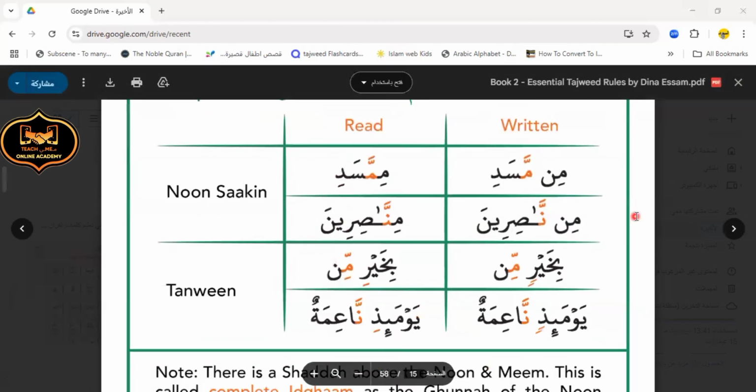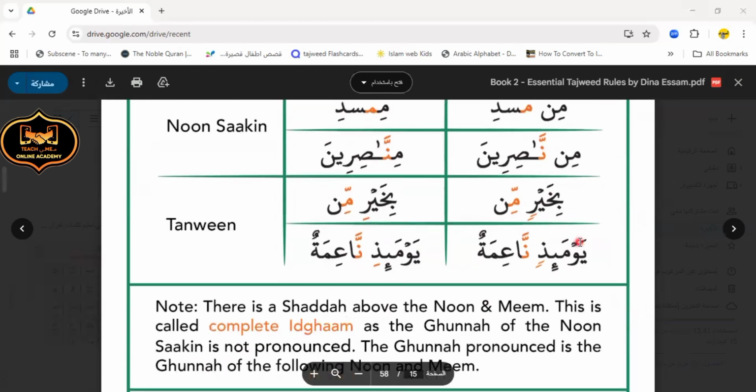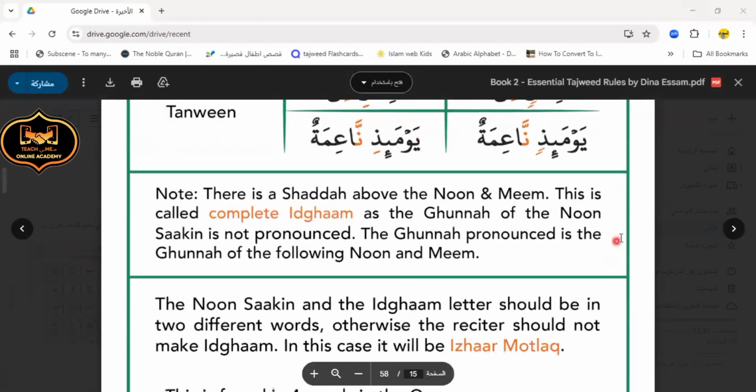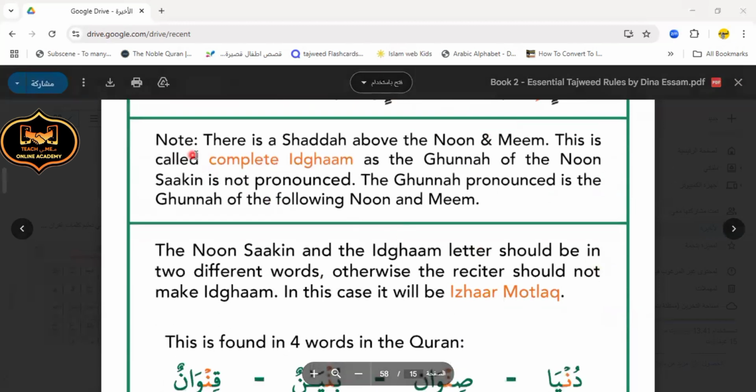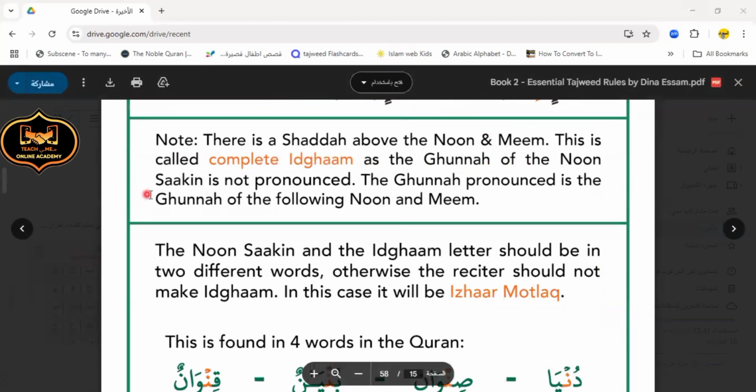Okay, let's read the examples. Mim masad. من ناصرين, بخير من يومئذ ناعمة. Okay, so there is a shadda above noon and mim. This is called complete idgham.